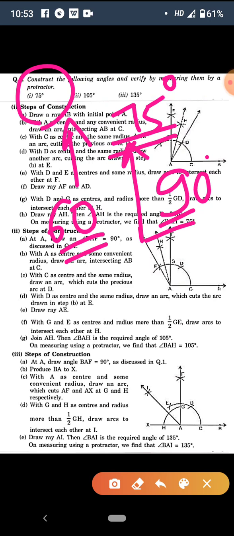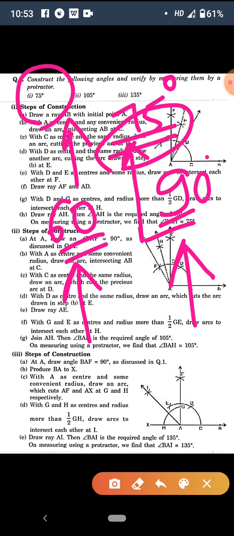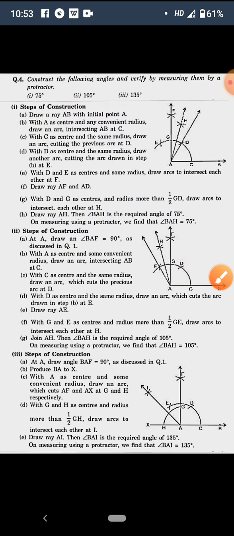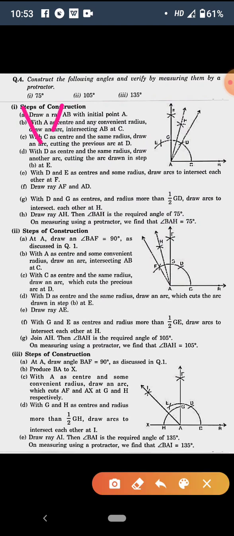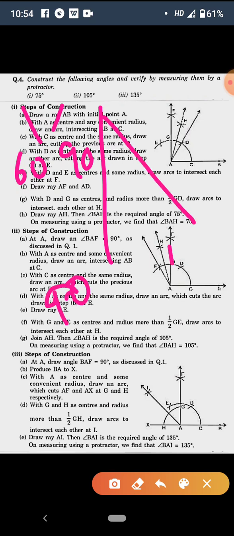So firstly, for making an angle of 75 degree, you must know how to draw an angle of 60 and 90, and then in the middle we will draw an angle of 75. Okay. So 75 will lie between 60 and 90. 105 will lie between 90 and 120, and 135 will lie between 120 and 150.